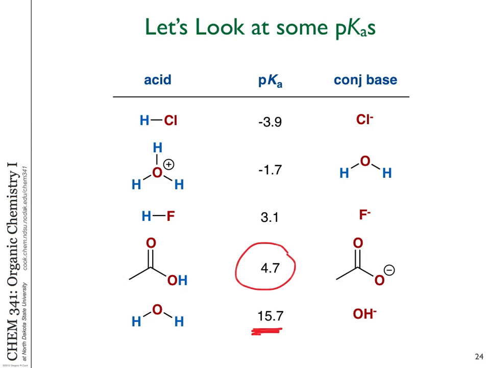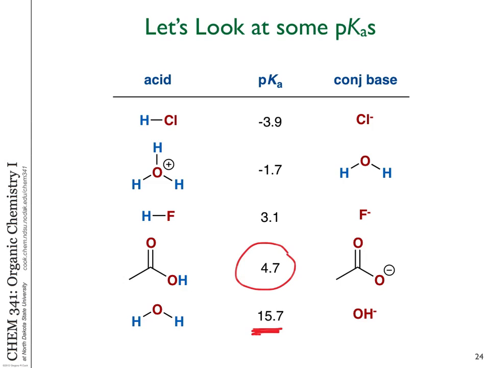So let's just say 15 and 5, or 16 and 5. That's 11, right? A difference of 11 in pKa units. That's 10 to the 11th more acidic. Right? That's a lot.